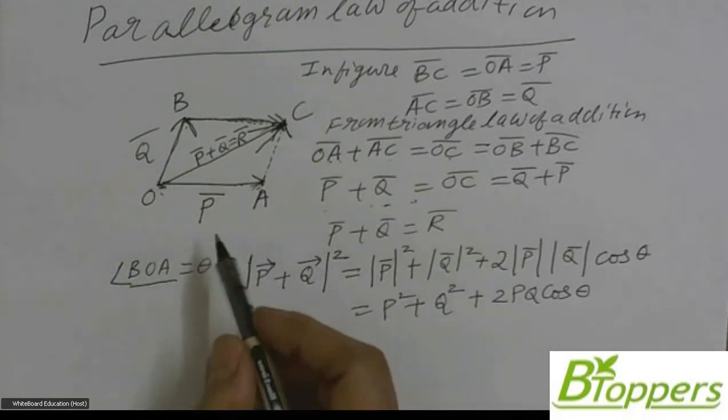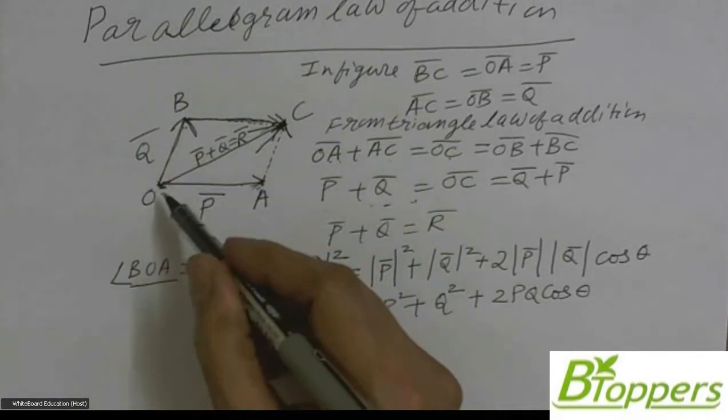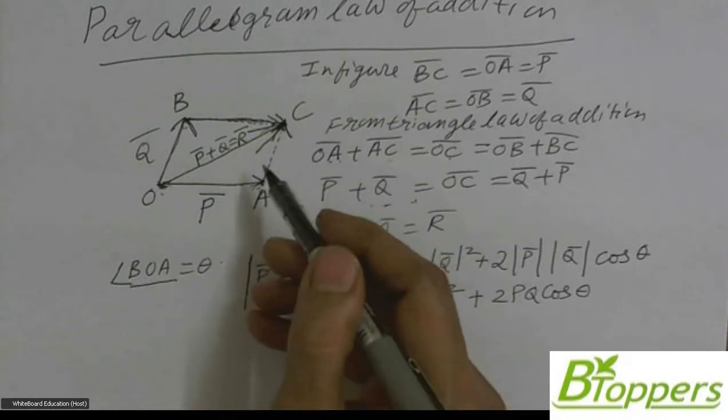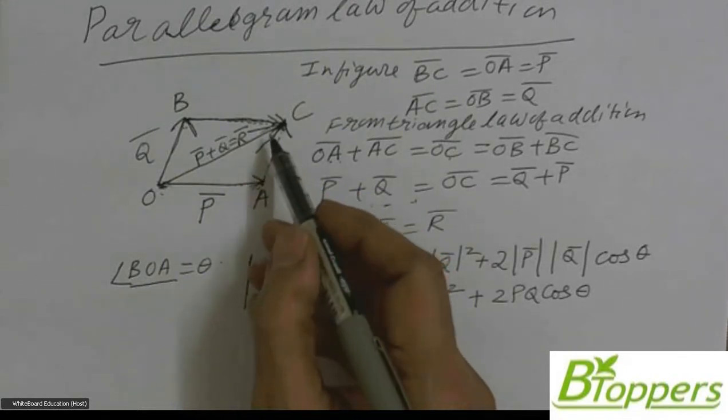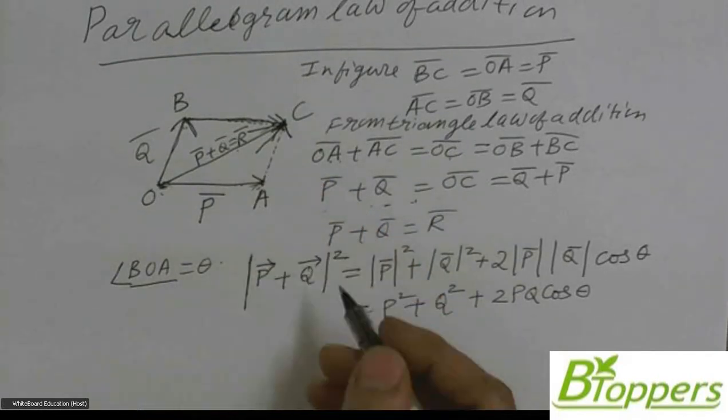The sum of two vectors is again a vector. The sum of the vectors P bar and Q bar is represented by the direct line segment OC bar, which we call resultant of the vectors P bar and Q bar, which is denoted by R bar in the figure.